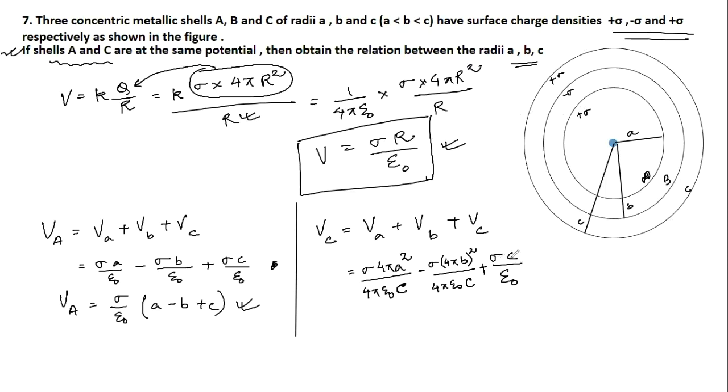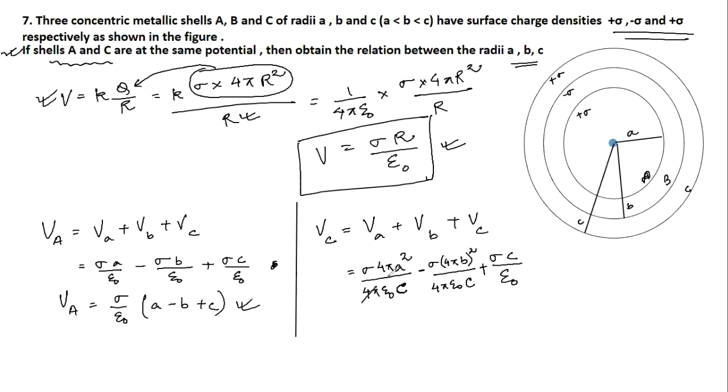That means sigma C by epsilon naught. Remember, we are making use of this equation, but here since the surface area value is different, that is why we are using different surface area values. For the shell A we have 4 pi A square, for the shell B we have 4 pi B square. This thing is different, otherwise the process is the same, whatever we did here, the same process we have applied.